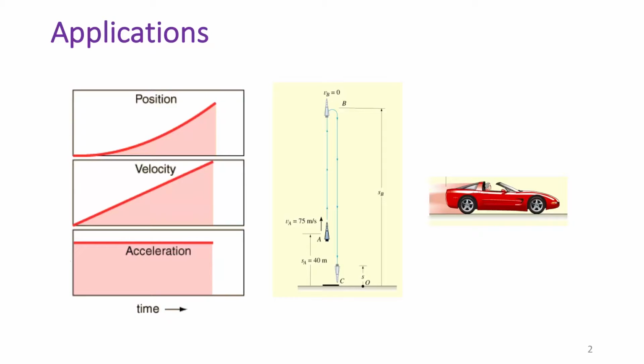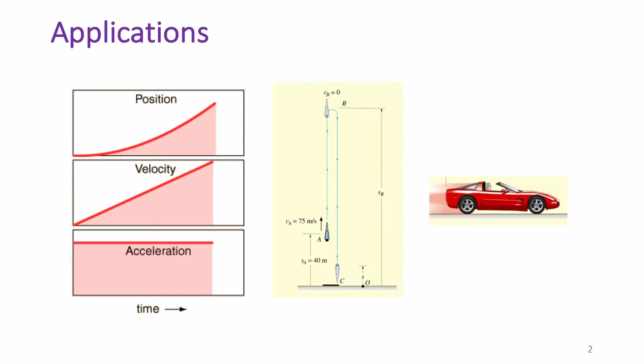And as we are going to discuss later in this session, the example of a rocket moving upward against the gravity and then reaching a point where it stops and then falling downward until it hits the ground, this is a motion under a constant acceleration, which is the gravitational acceleration.